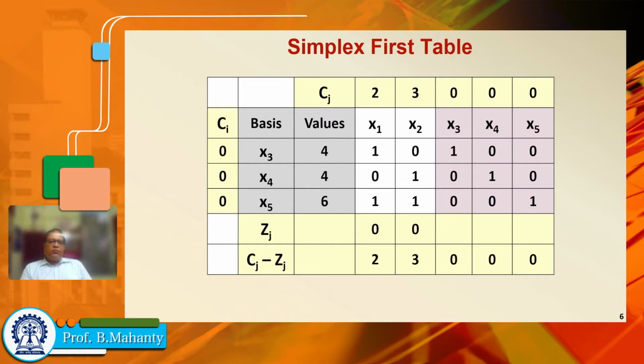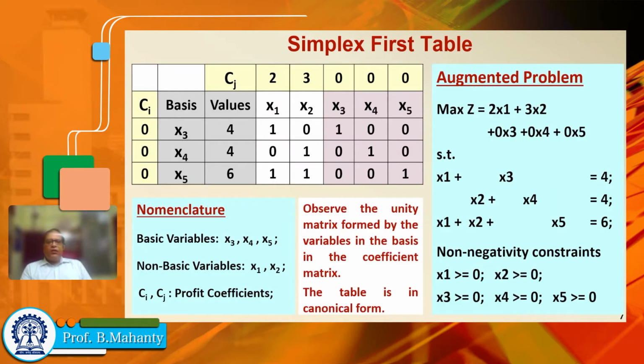So the lost profit, that is called Zj, will be equal to 0 per unit for bringing 1 unit of x1 into the basis. Since profit for 1 unit is 2, the net profit per unit, Cj minus Zj, would be 2. On a similar basis for x2, that value would be equal to 3. So that is about our simplex first table.